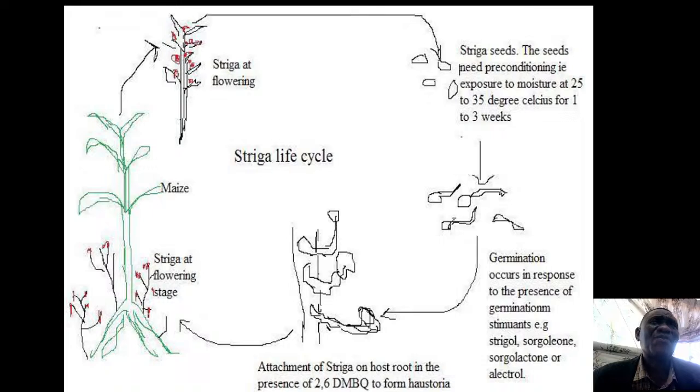Now, there are some people who have tried to form herbicides using germination stimulants so that the seed can germinate in the absence of the host, thus exhausting the Striga seed bank.